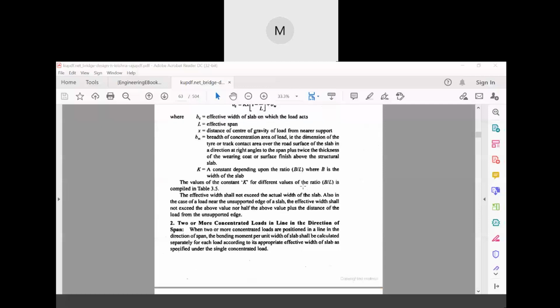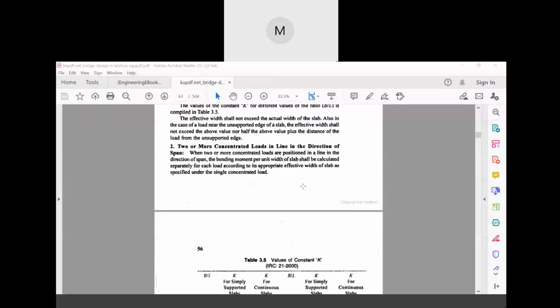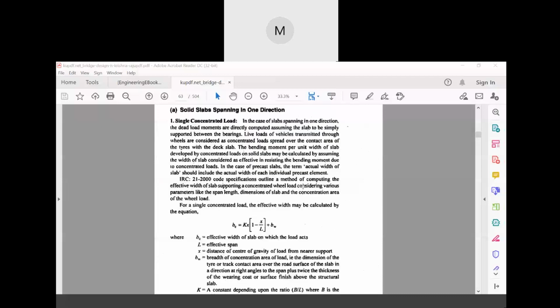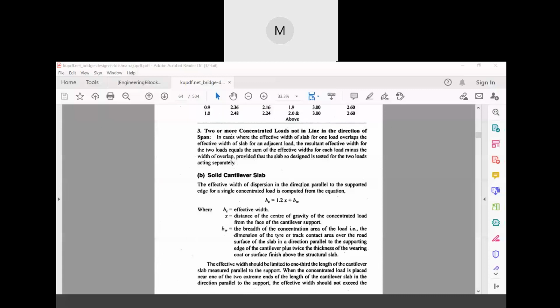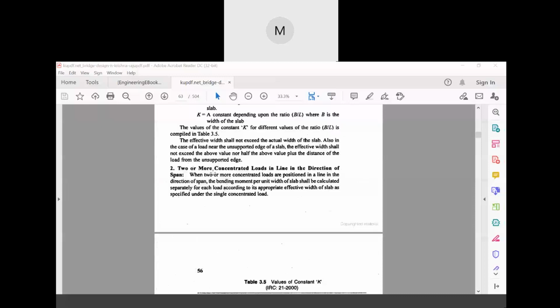So after this, we discuss two or more concentrated loads in a line in the direction of the span. Now, these are the different cases. For the first case, this is K x (1 minus x by L) plus bw. Now for the second case, two or more concentrated loads in a line in the direction of the span.